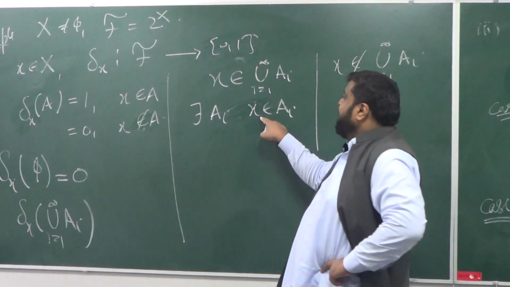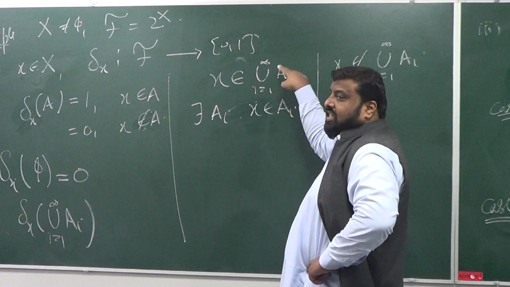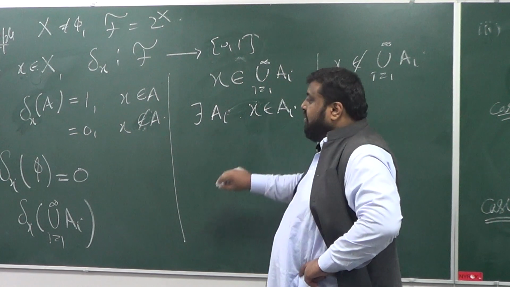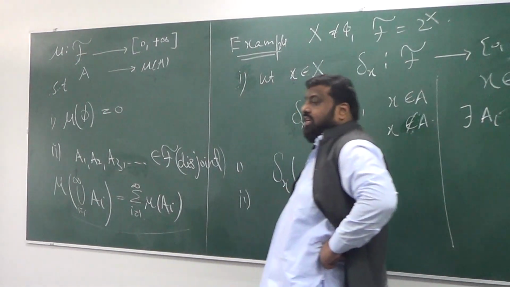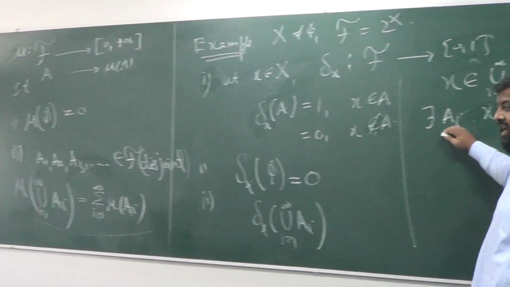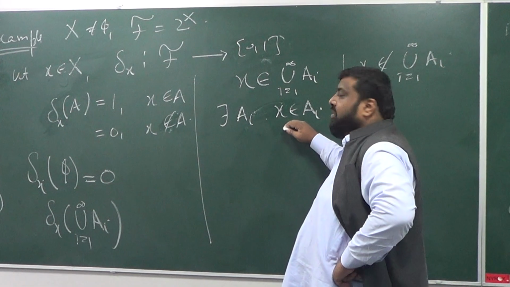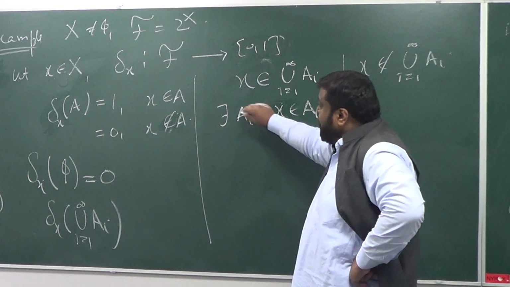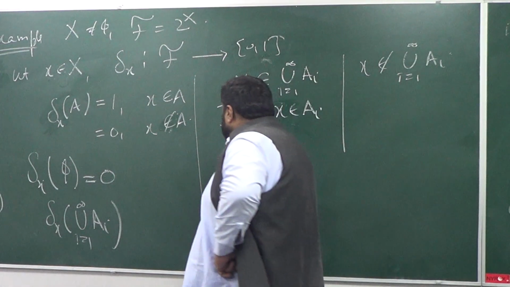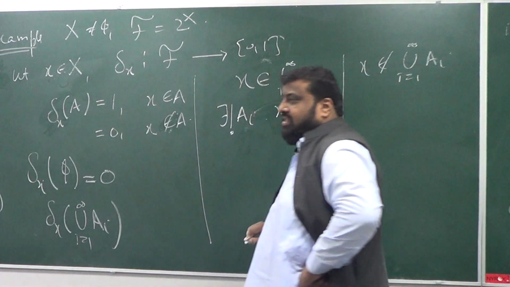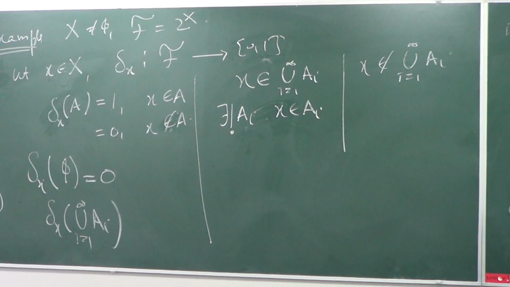Can this x be in any other Ai actually? The answer is no, because you have assumed these Ai's to be disjoint. So if x is in some Ai, this x cannot be in some other Ai. So there exists a unique one. I'll use this symbol: whenever I have to say there exists a unique, I'll put a mark of exclamation.